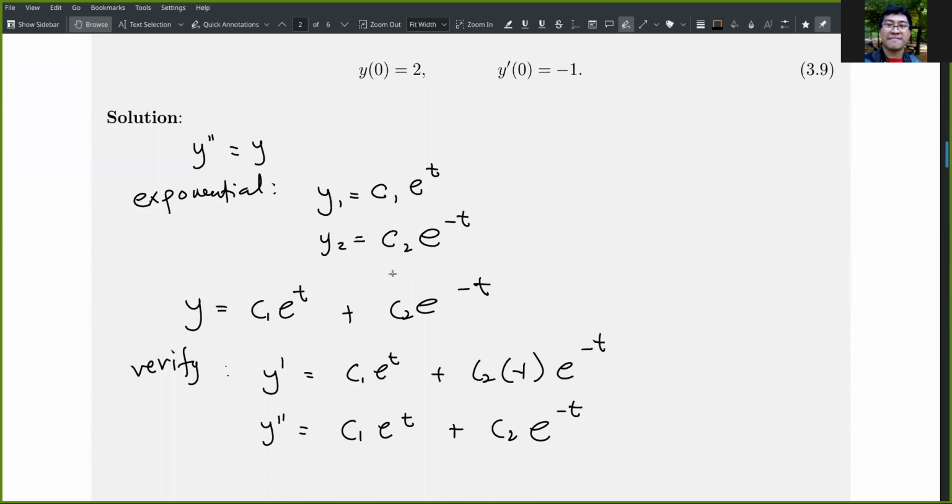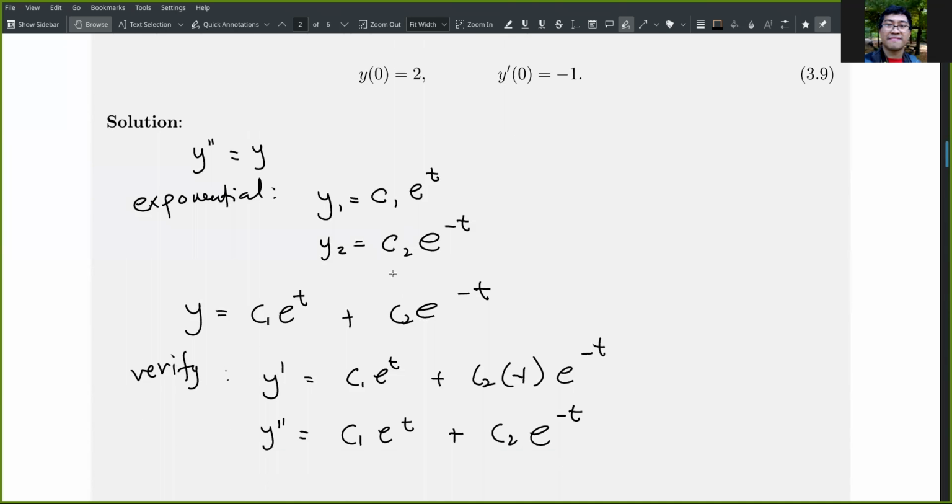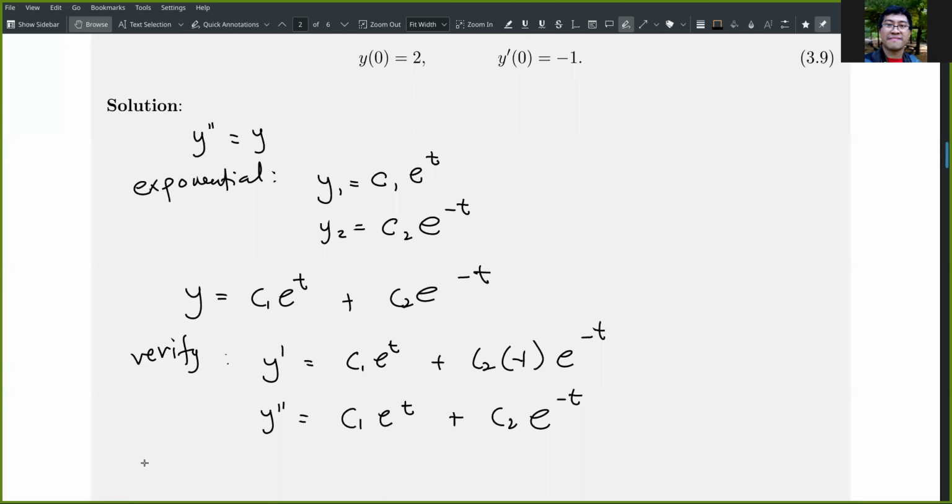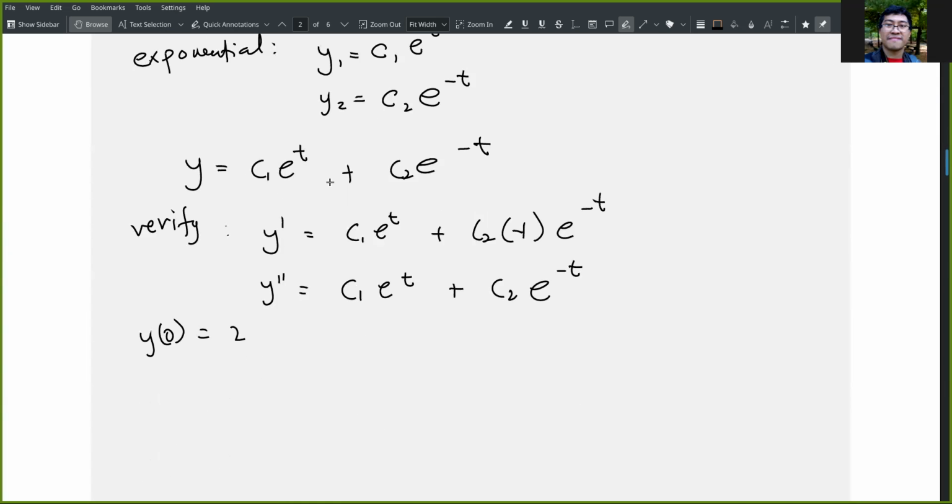Now, if you use our initial conditions, you have y(0) equals 2. In that case, y would be equal to c1 e to the power of 0 plus c2 e to the power of 0, and this is equal to 2. So that's c1 plus c2 equals 2.